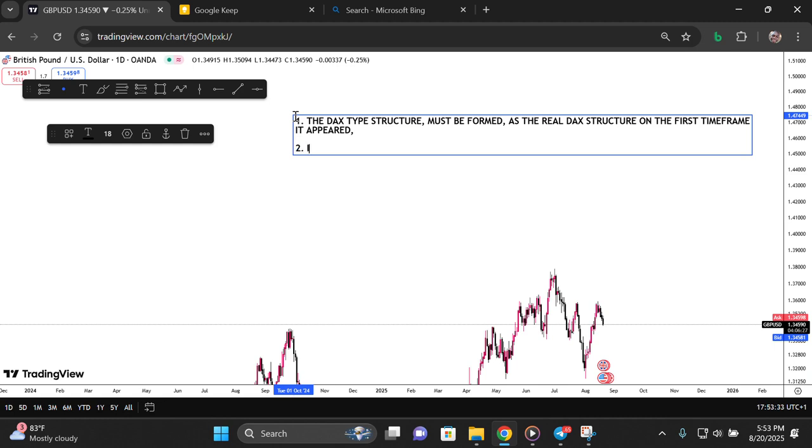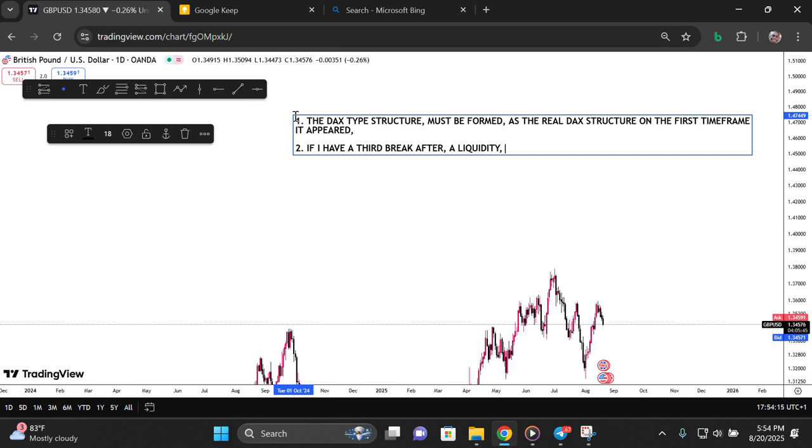For spotting it out, if I have a third break after a liquidity, which means that I first need my DAX type structure, then after that my structural liquidity. Then if I have a third break, remember, this third break must not be a structure, it must be a basic market structure.